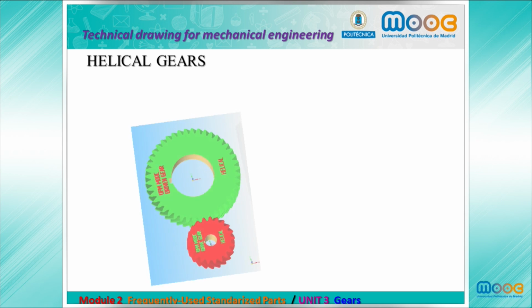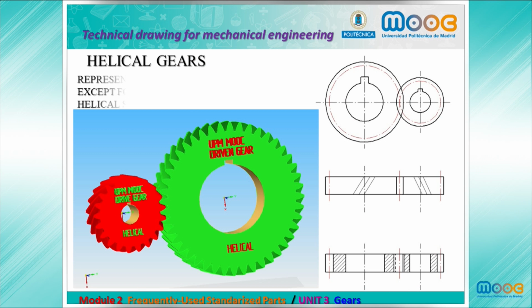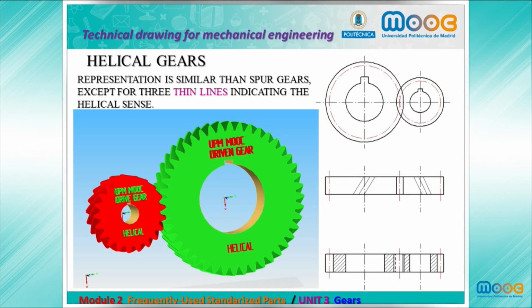Helical gears. The representation is similar to spur gears, except for three thin lines indicating the helical sense. So this is helix right sense and left sense.